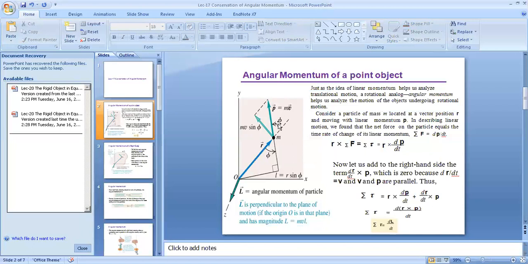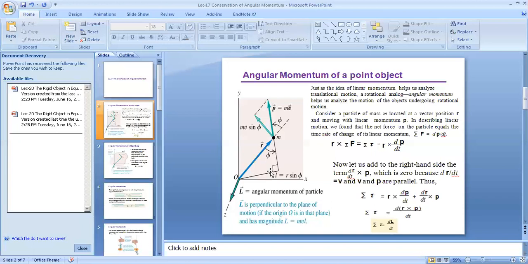If this is angle phi and this is vector r, then this angle will also be phi, and this side of this triangle will be r sine of phi and will be taken as moment arm r.